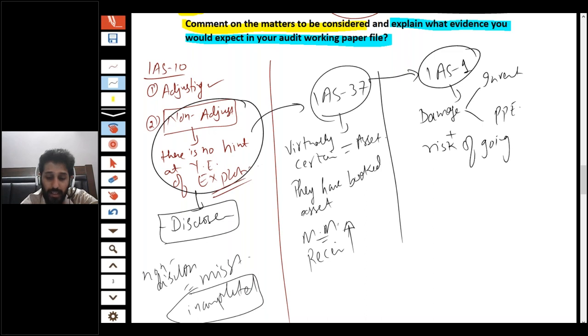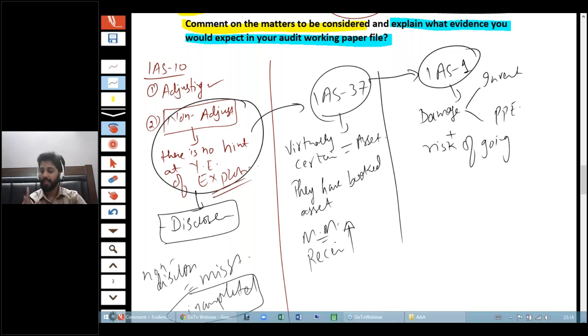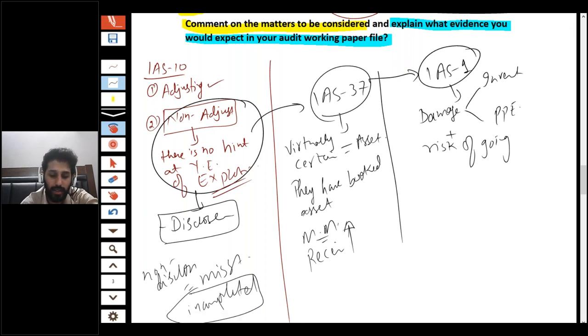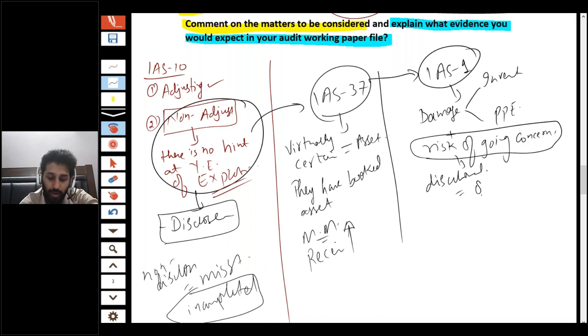In this single question, three kinds of IASs are being touched, right? So you need to write all these things. The risk of going concern should be disclosed. There is a risk of non-disclosure, right?